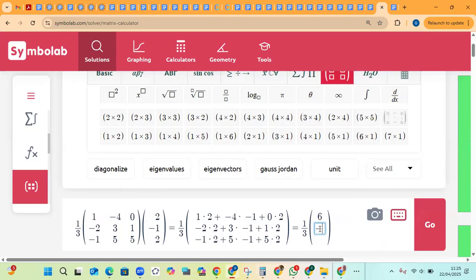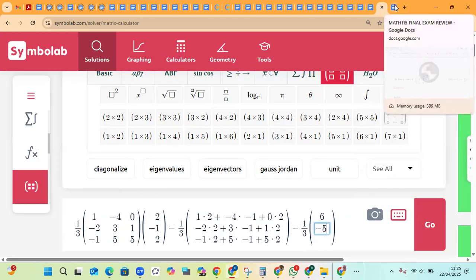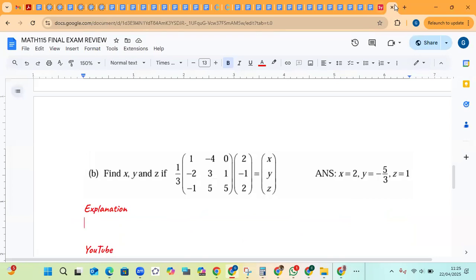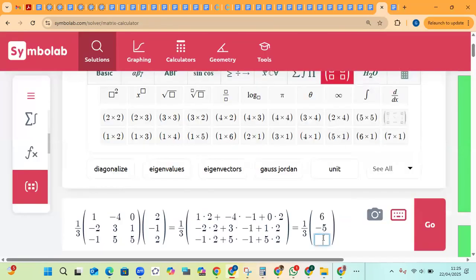So y should be -5/3. Let's verify. Y is -5/3 because we have to scale down.